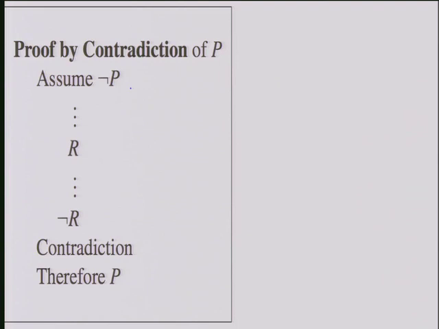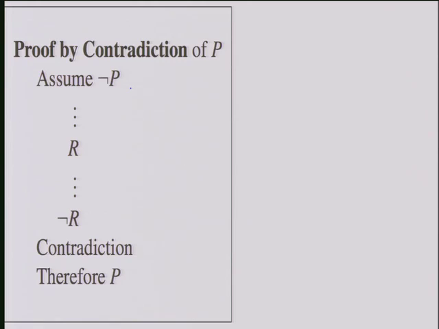So can anybody tell me why this follows? Why does this imply that P must be true? Can anybody tell me the structure of this argument? Sure, but why is not P true?